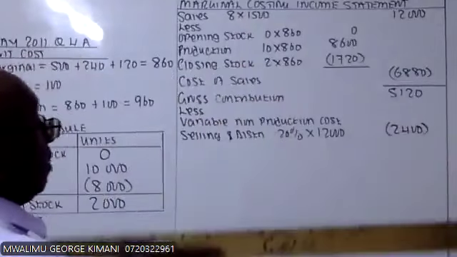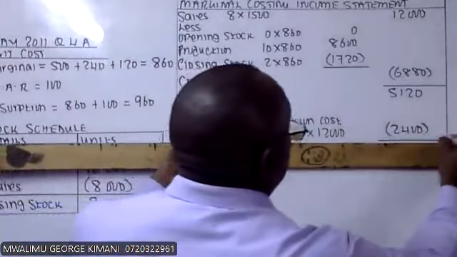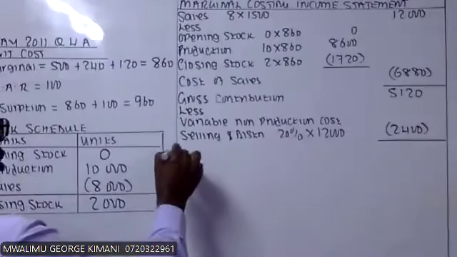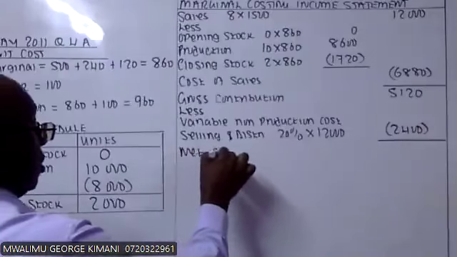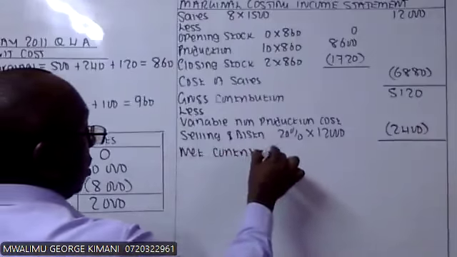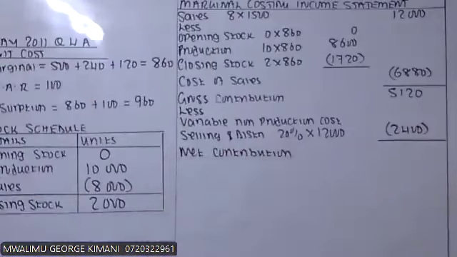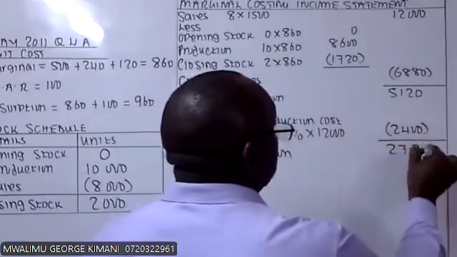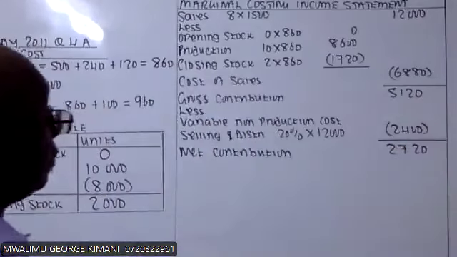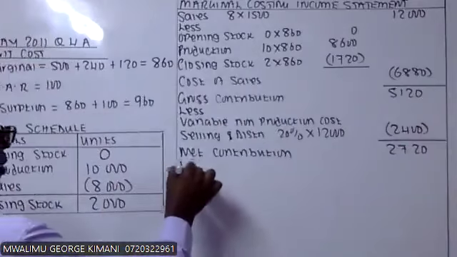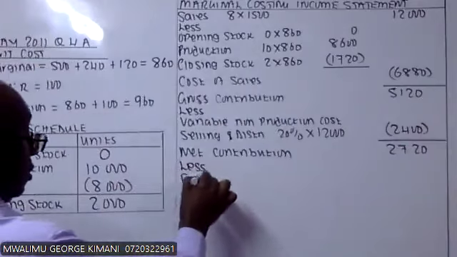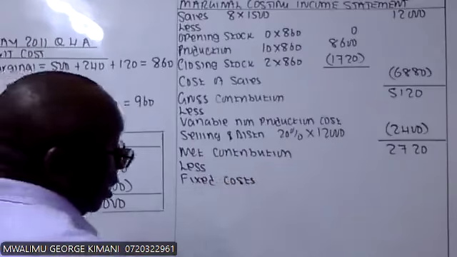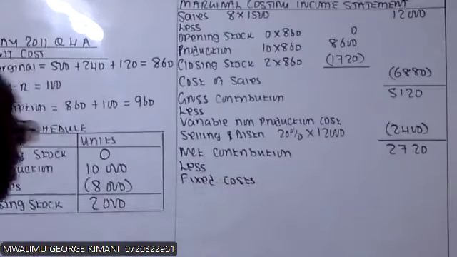Yeah. So the figure you get here is called net contribution. Net contribution. $2,720. Then you less fixed costs. Now the fixed cost that we have is selling and distribution.